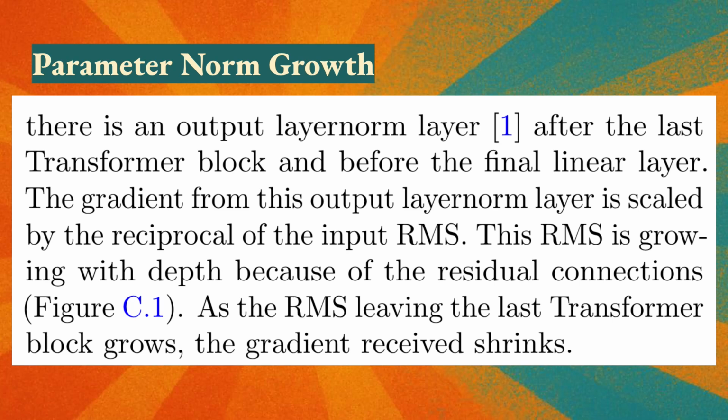As the RMS leaving the last transformer block grows, the gradient received shrinks. So as the residual connections increase the input RMS, and as you're dividing the gradient by this increasing value, the gradient is going to shrink, and that's going to cause the gradient RMS issue to occur.